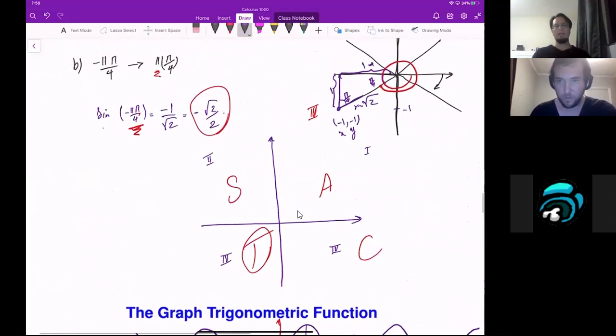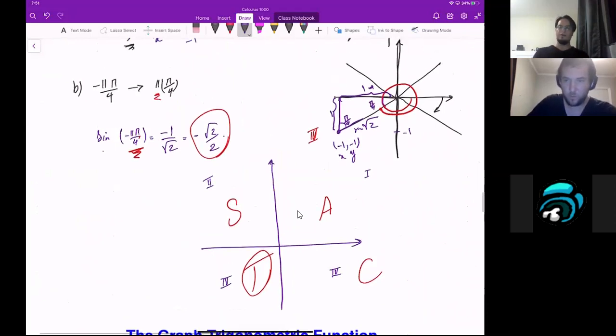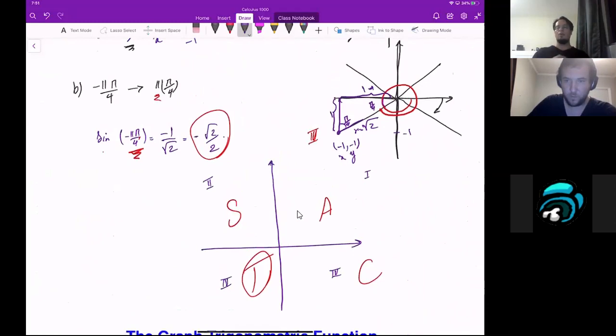Okay, yeah, well, anytime you add 2 pi, you're not changing anything in terms of quadrant, in terms of the coordinate. But the way you have to find it is this. First fix if it is positive or negative. So are you going to go around counterclockwise or clockwise?